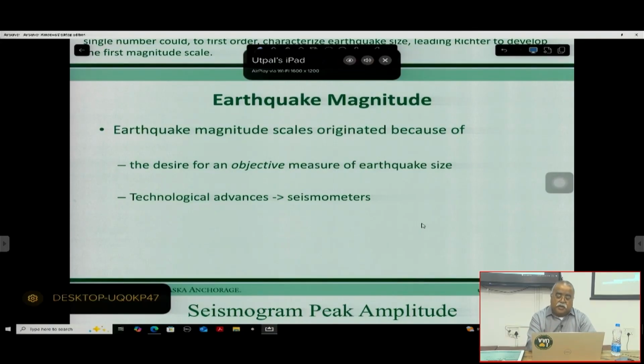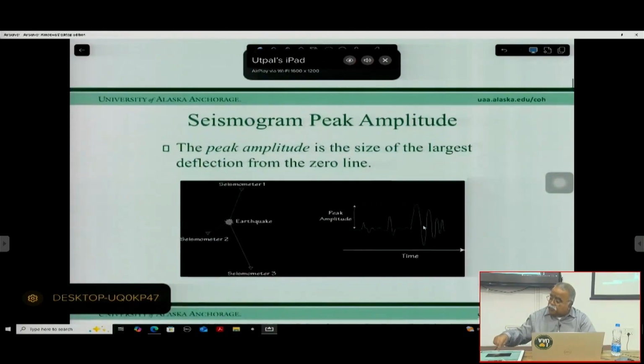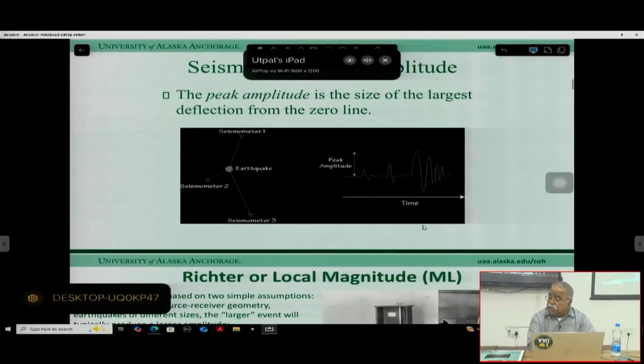When the Wood-Anderson seismometer came in, they had simultaneously the Wood-Anderson seismometer and the Richter measurement, which created the first earthquake size. So if you can see, from the baseline, whatever the maximum amplitude is, they calculate these peak amplitude values, and then this is your time, of course.